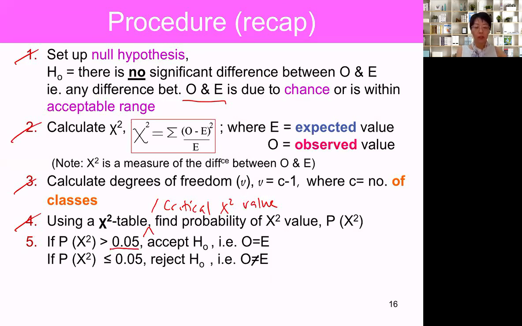So if the probability of chi-square value is more than 0.05, it will be at the acceptable zone. So you accept null hypothesis, that means O is equals to E. If the probability is equals to or less than 0.05, so it's in the rejection zone, you reject null hypothesis, that means there's a significant difference between O and E.